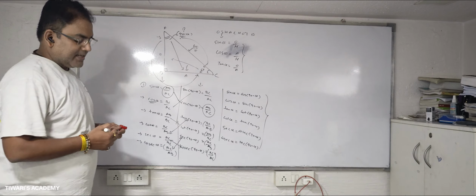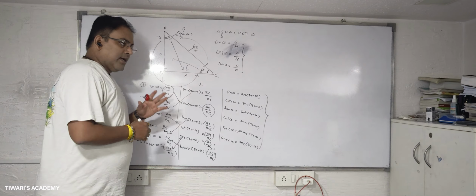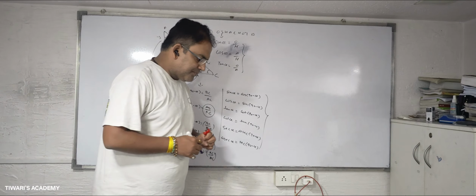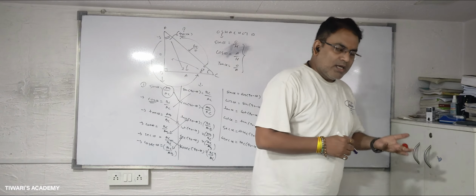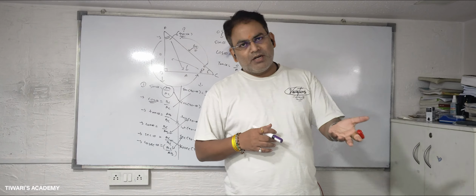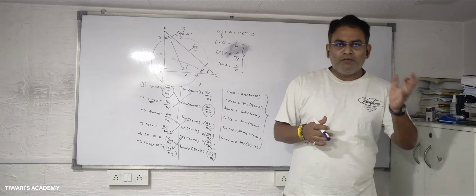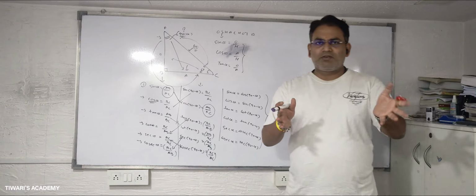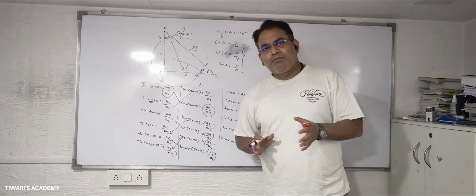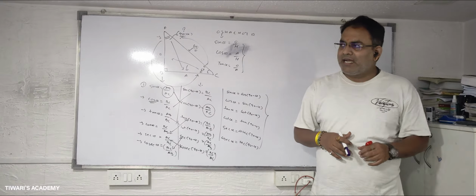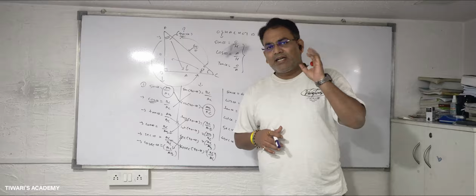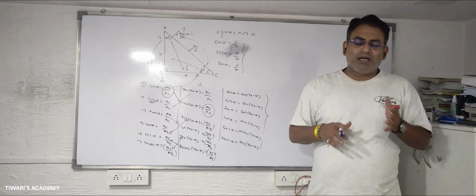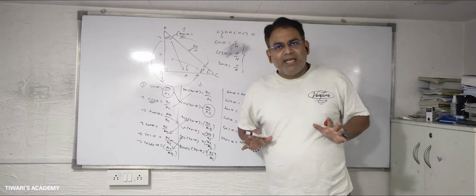Alright, now this was one part, you can say the second part of trigonometry. Now we are going to see how to find the standard angles. Since we spoke about theta angle, now we are going to see some of the standard angles. You must know that a triangle can have many angles.